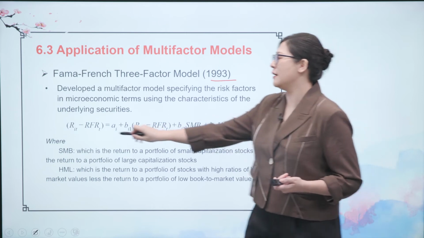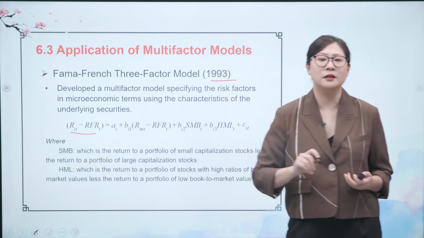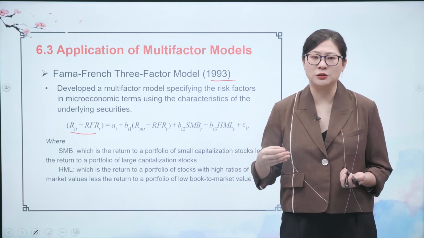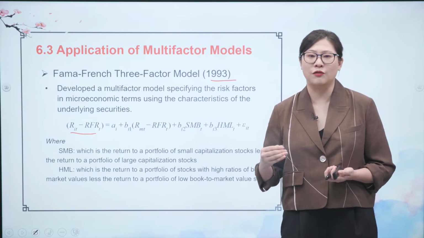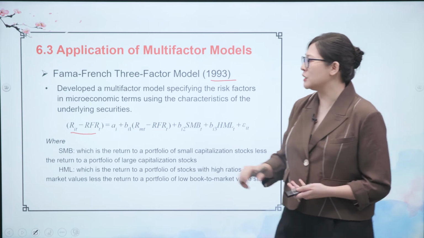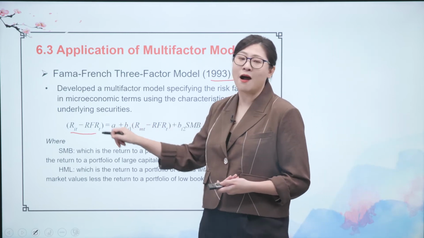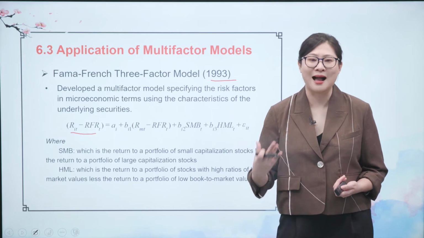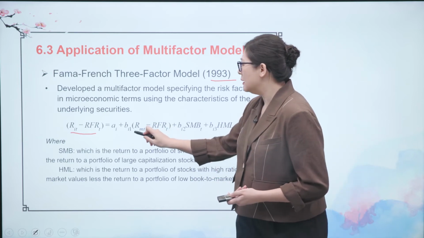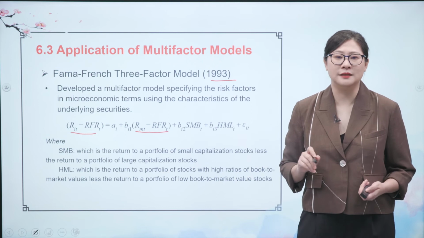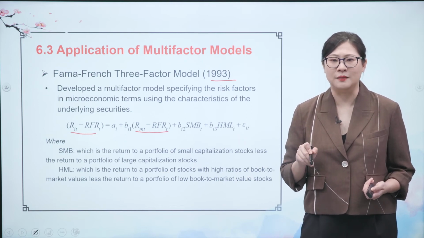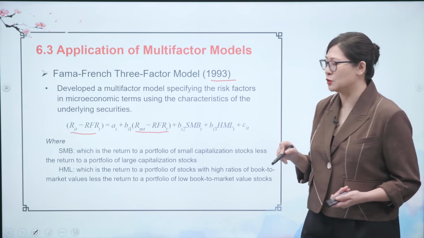The difference here is that on the left-hand side, we use the excess return, which is the individual stock return minus the risk-free rate. As I mentioned before, for this R_i, we can use the nominal return or the excess return. And here, the first part is our market risk, which can be measured by beta, the systematic risk.